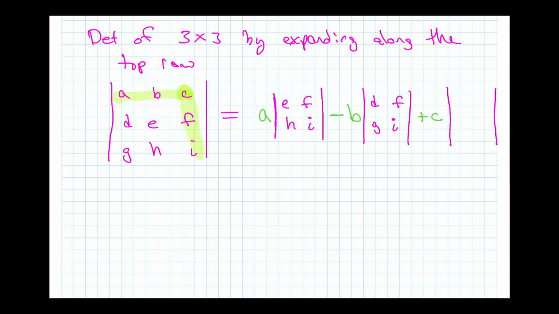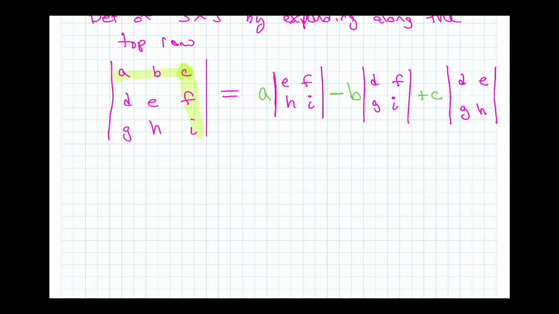What you'll have left is D, E, G, H. Then each of these is a 2 by 2 determinant that you have to do. Each one is a 2 by 2 determinant for you to do.